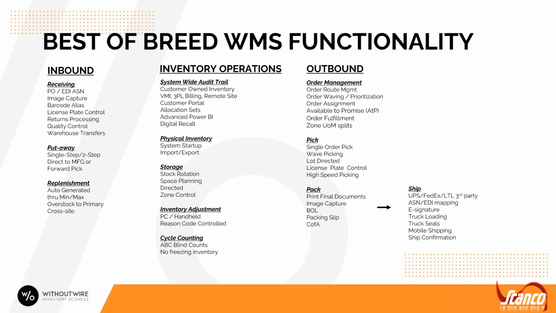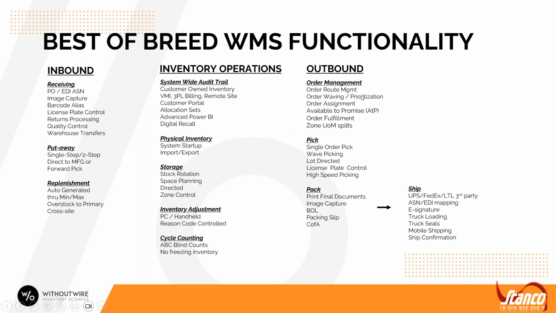And we have digital recall capabilities I'll touch on in just a moment. A full physical inventory count system, ABC blind cycle count capability without freezing inventory, inventory adjustments, permission controlled, stock rotation, FIFO, FEFO, and other methods.